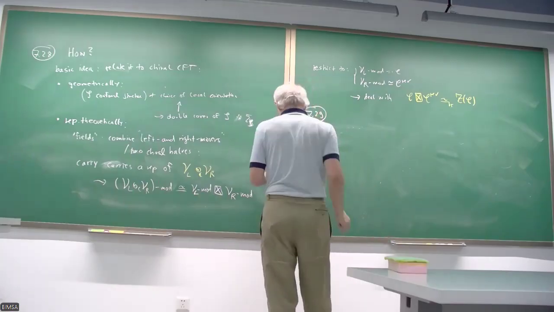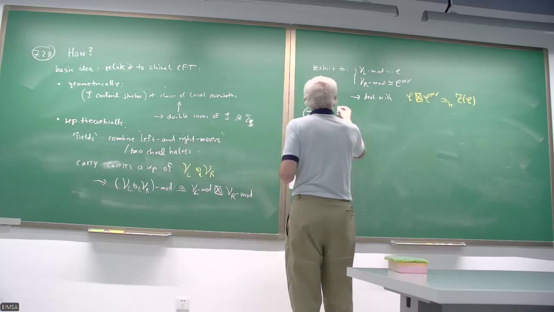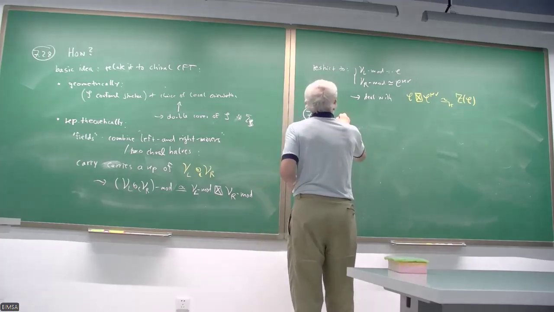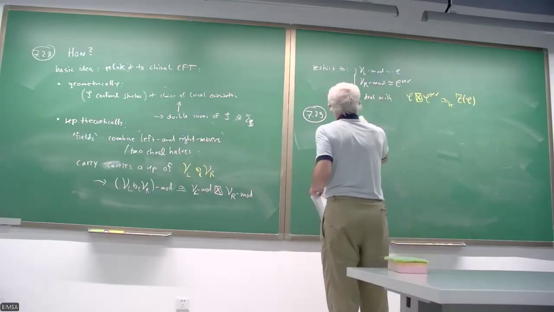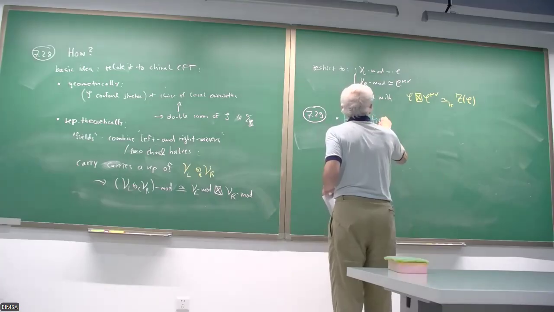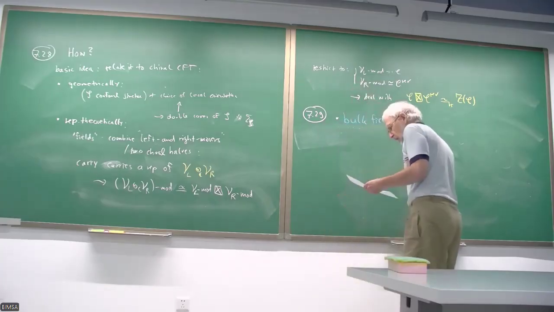What does this mean in more detail? First of all, on my worksheet S, I can have bulk field insertions.